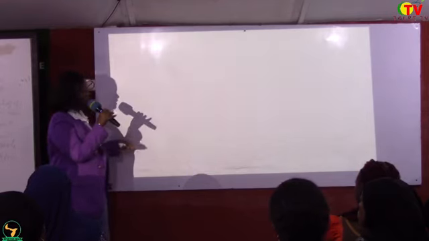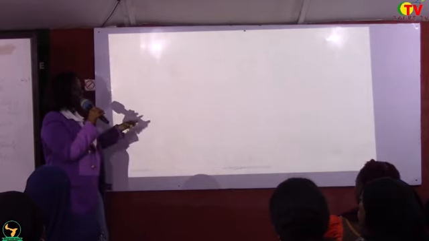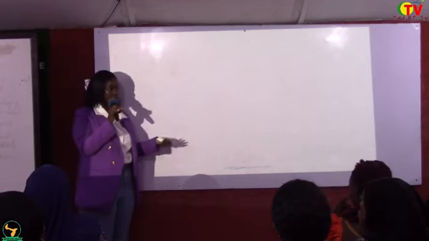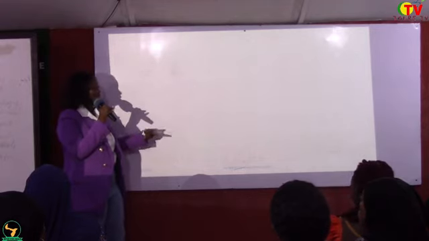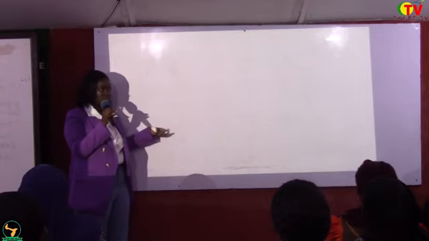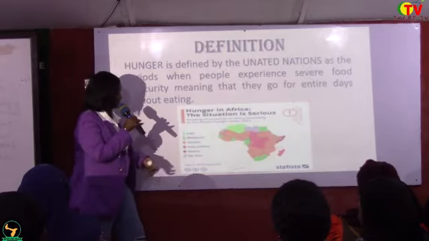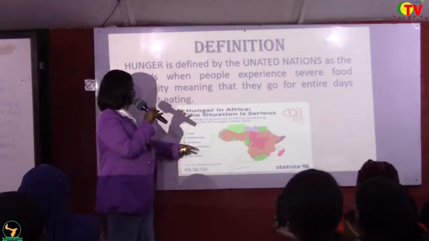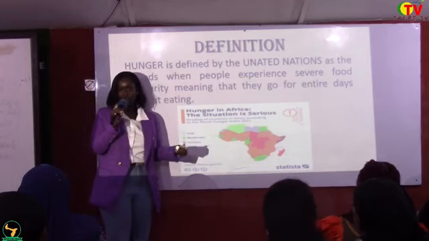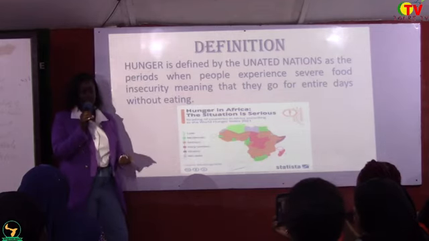The severity of this problem is more important in some countries than others. As you can notice in the picture, some countries have a more serious problem of hunger than others, due to their geographical position and also due to other causes.